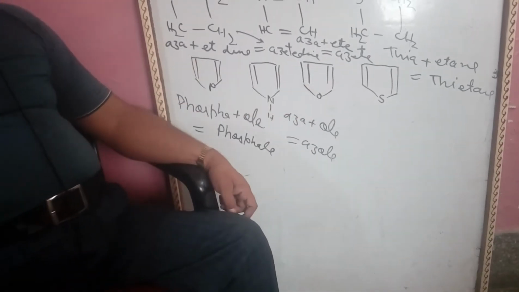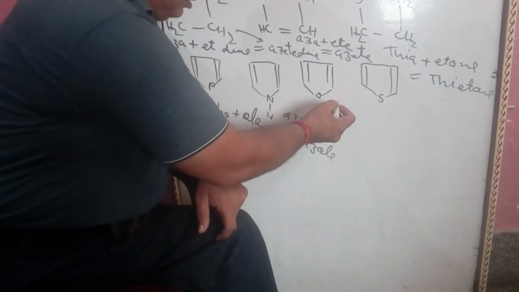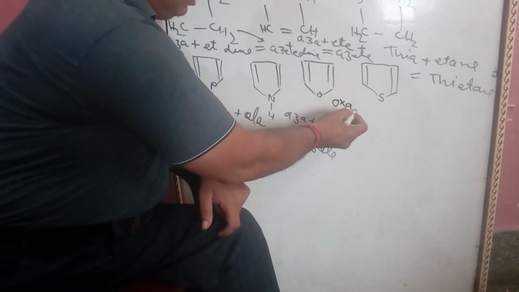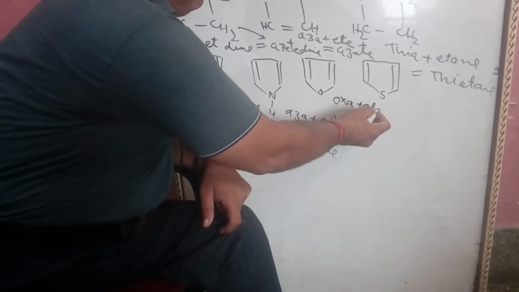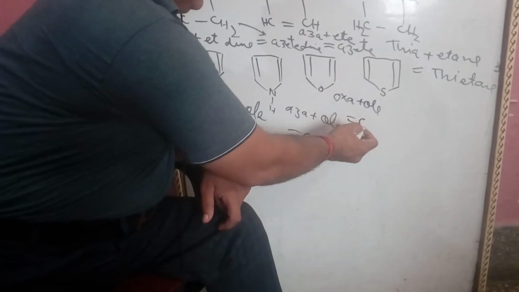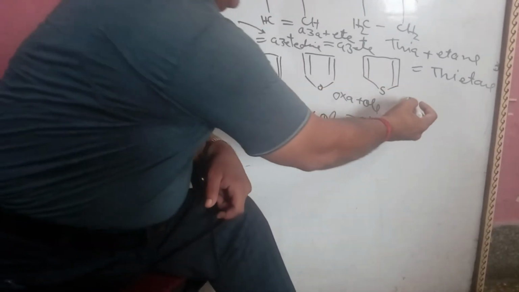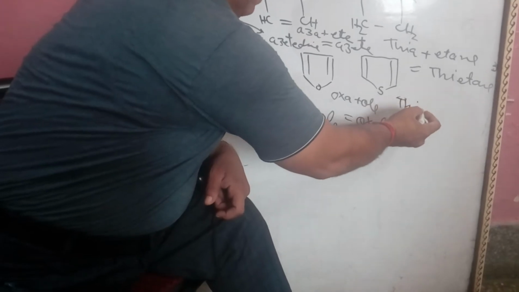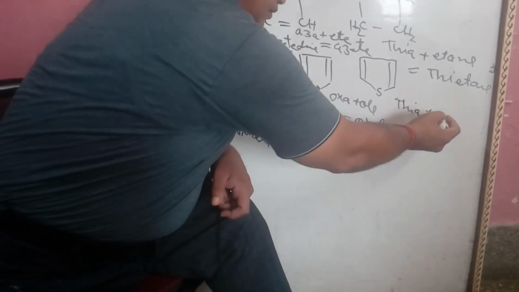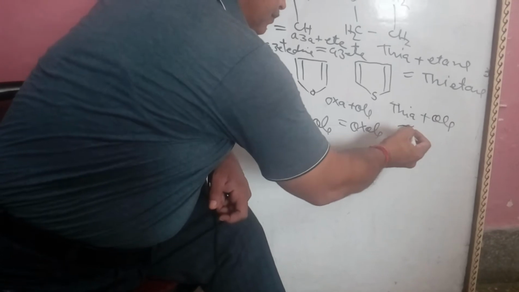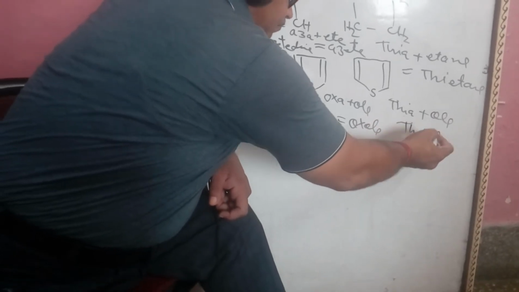Now this example: oxa plus ole is equal to oxole, and the name of this compound will be thia plus ole is equal to thiole.